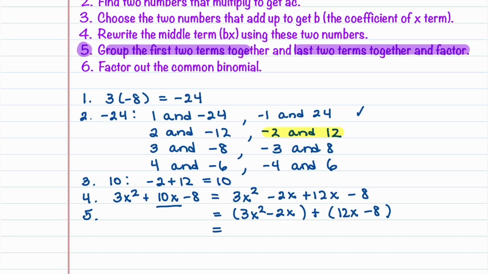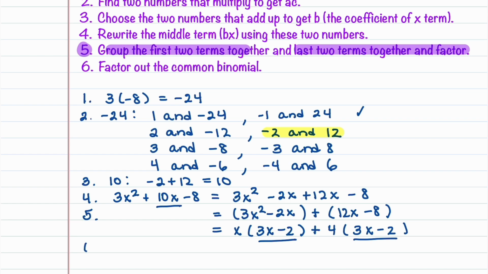In our first group, you can see that we have an x common to both terms, so we'll pull that out. So we have an x, and then this is 3x minus 2. Then we have to find a term that's common to both 12 and 8, and that is going to be the constant 4. So we're going to pull out a 4, and that leaves us with 3x minus 2. Notice that we have the same term. So that's a really good sign that we've done things right.